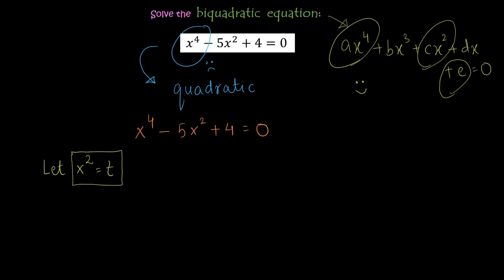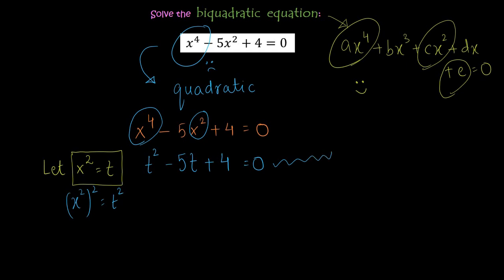If x square is t, then x^4 is the square of x square, which means t square, right? So can I write it as t square minus 5 times t plus 4 equals 0? Oh my god, what am I looking at? This equation is quadratic only.